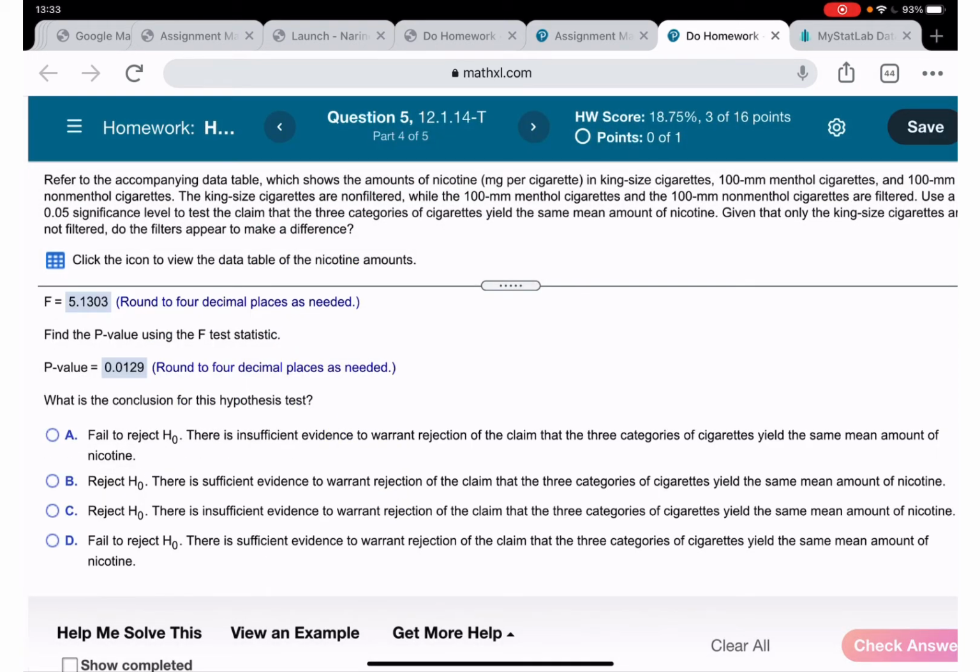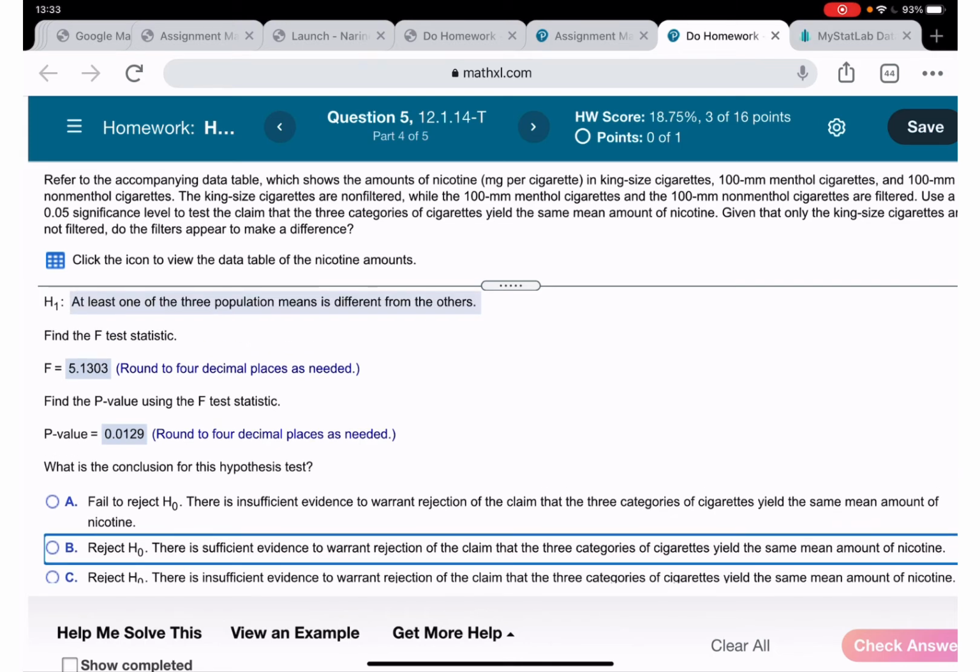So now let's see what the conclusion is for this hypothesis test. What was our claim? Our claim was the null hypothesis, right? That all the means were equal. So we have two choices.